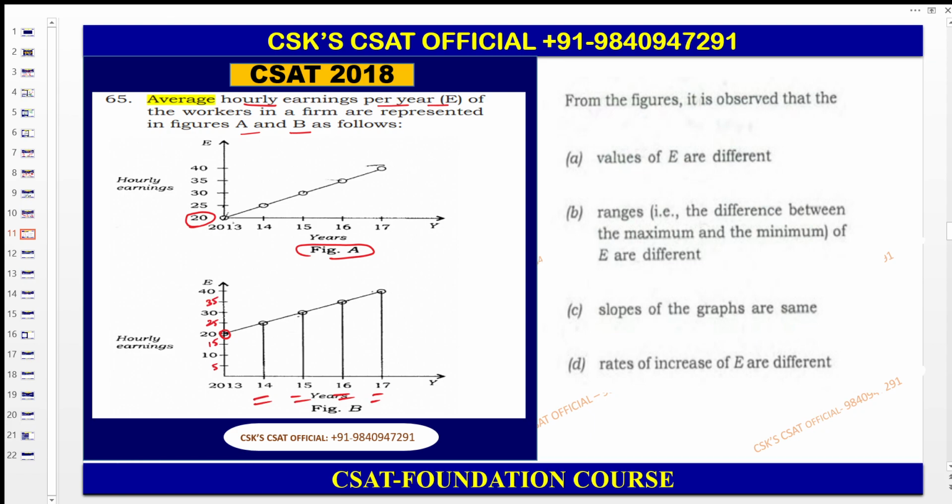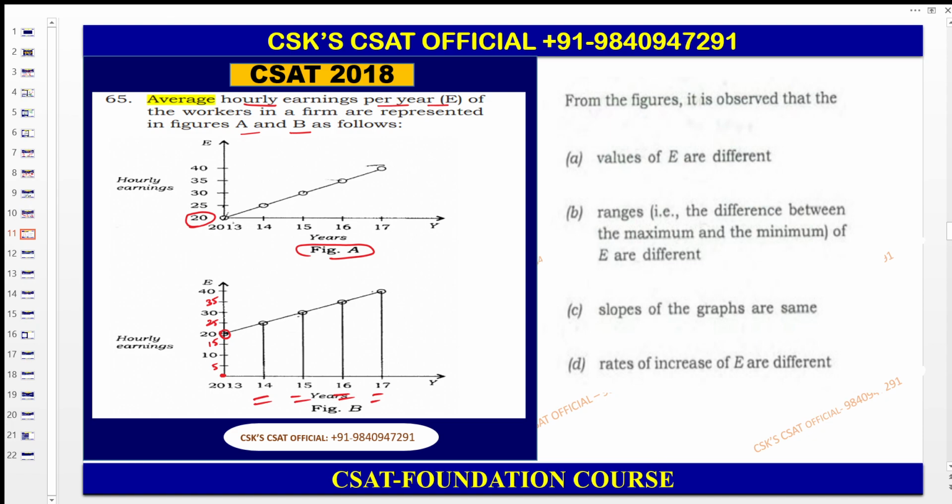Now 14 means 25. Check here, 14 means 25. Check this one, 2013. Then you can check here the scale and the units, everything is the same here.